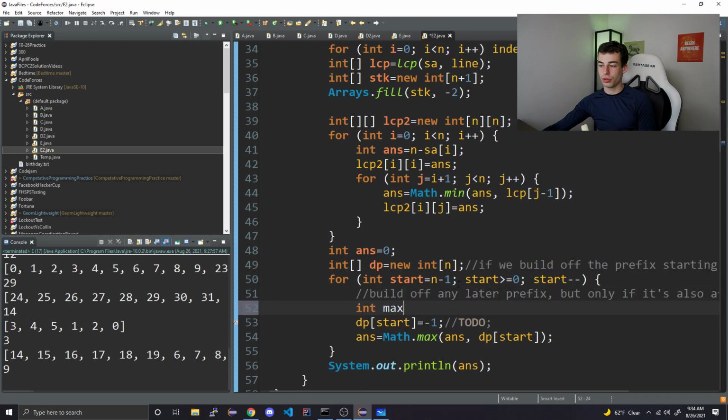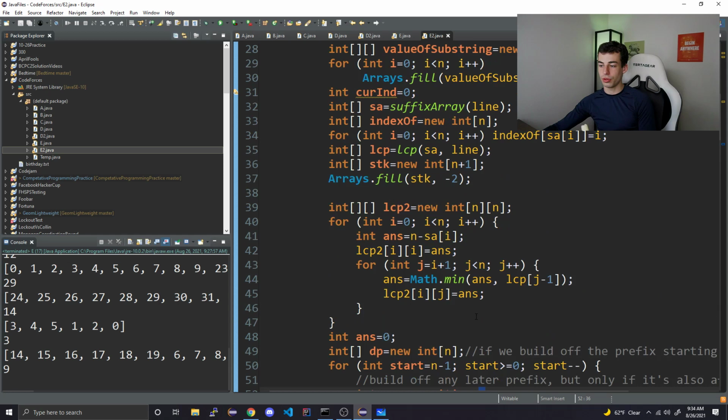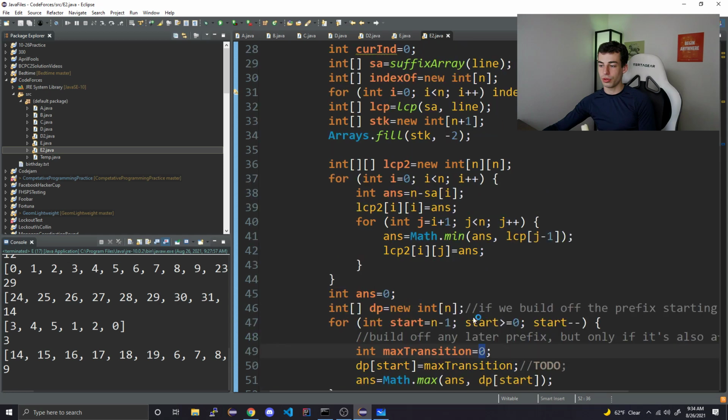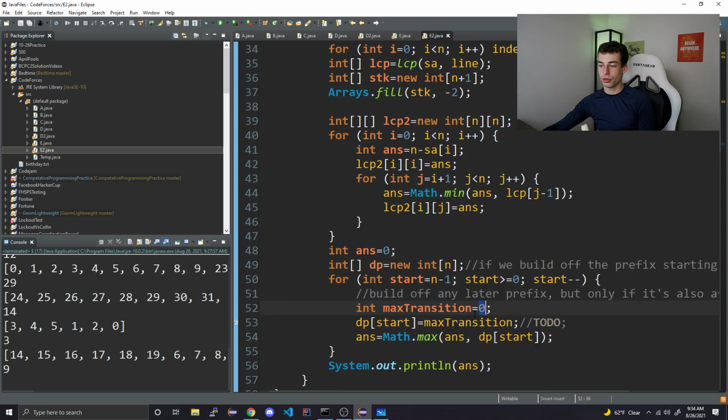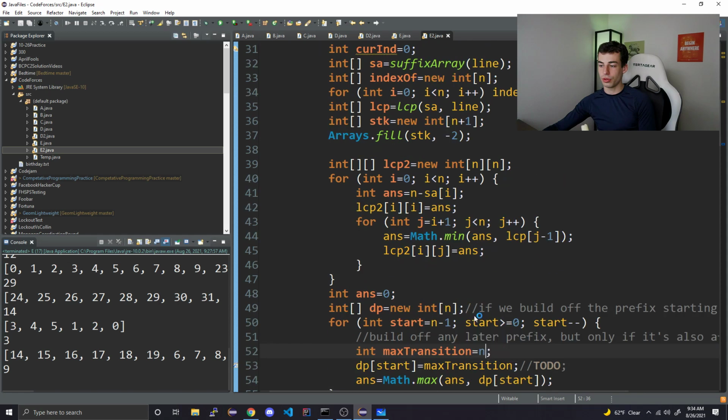So we want int max next equals 0, max transition, I guess. Max transition would be just our length, right? So this is just n minus start.